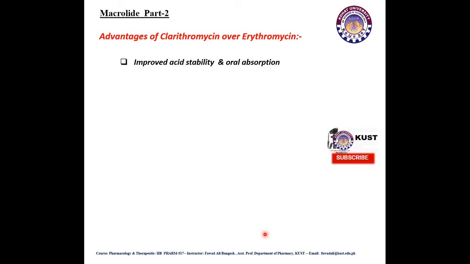Erythromycin has poor acid stability and poor absorption from the GIT. Azithromycin has a longer half-life, like 6 hours, and a lower incidence of GIT intolerance. Erythromycin binds to specific motility receptors in the GIT and increases the motility of the GIT, which mostly causes diarrhea.